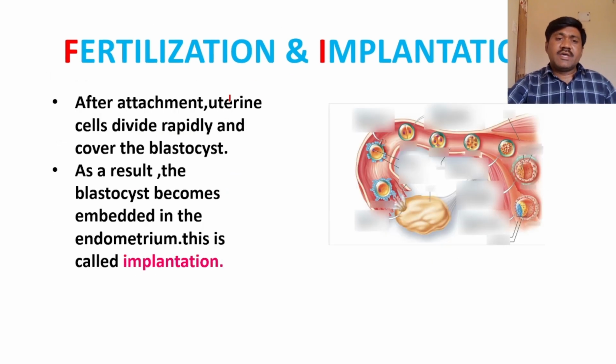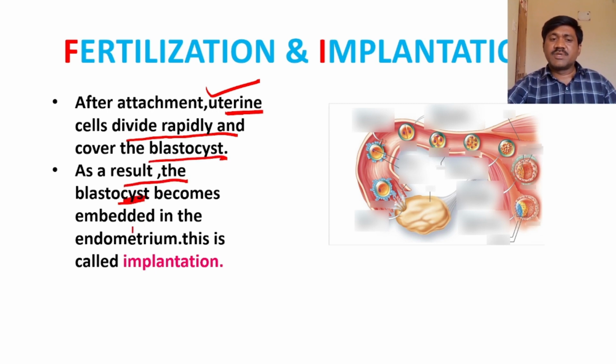At the blastocyst stage, the embryo starts implanting in the uterine wall. After attachment, uterine cells divide rapidly and cover the blastocyst. As a result, the blastocyst becomes embedded in the endometrium. This is called implantation. Look at this diagram.